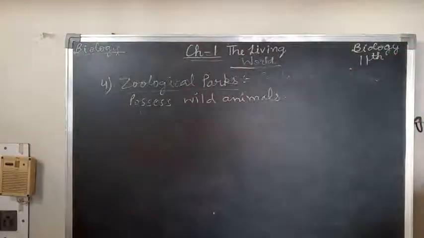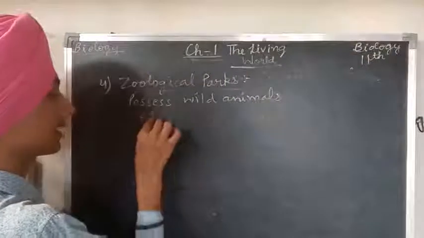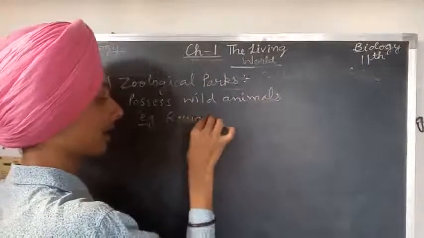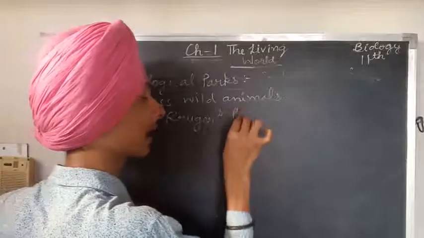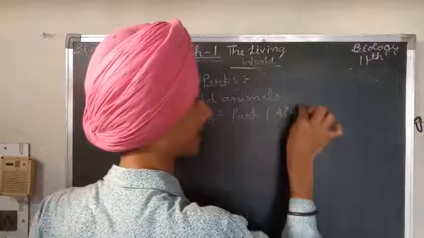Clear? Example of zoological park is Kruger Park in Africa. Clear?